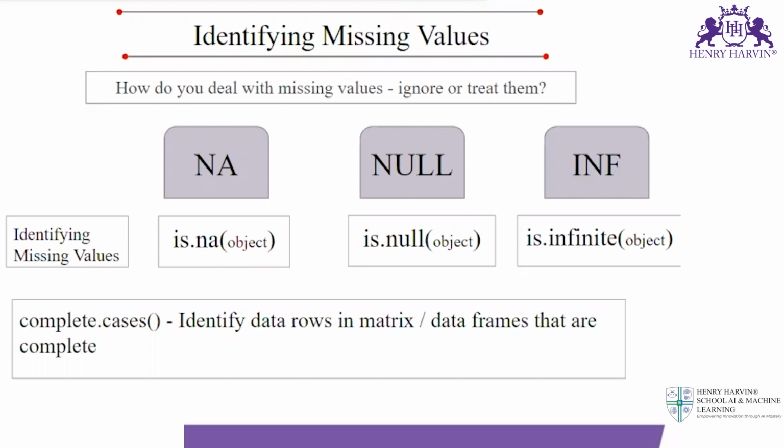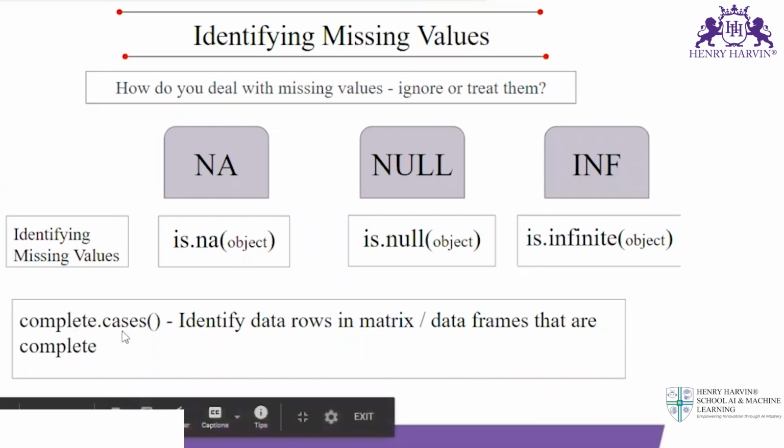In most real life data sets in R, some calculations, such as dividing by 0, cannot be carried out. So we need to find these infinite values using is.infinite.